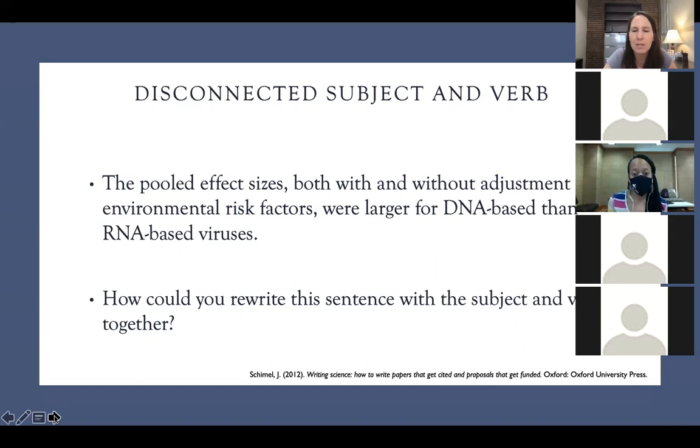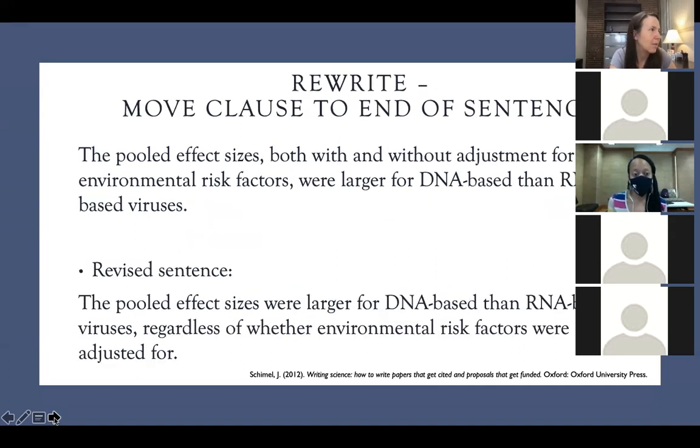In instances like this, you can often rewrite your sentence to make it much easier for your readers to comprehend. "The pooled effect sizes were larger for DNA-based than RNA-based viruses, regardless of whether environmental risk factors were adjusted for."